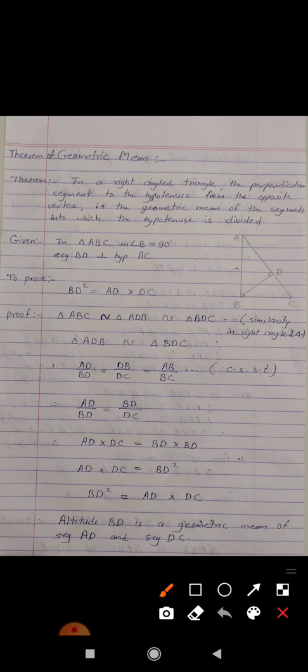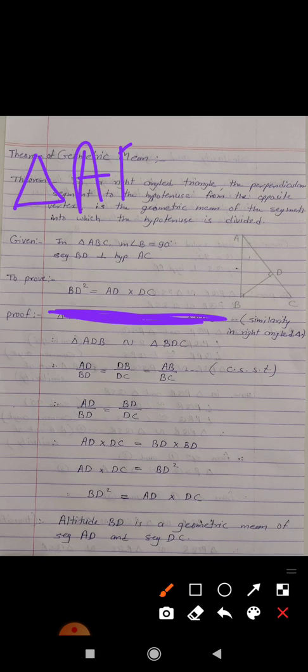Now from the previous theorem we just studied similarity in right angle triangles. From this property we can create this statement. So let us create it first. Here I am hiding it. First write down the name of the actual triangle, which is ABC.